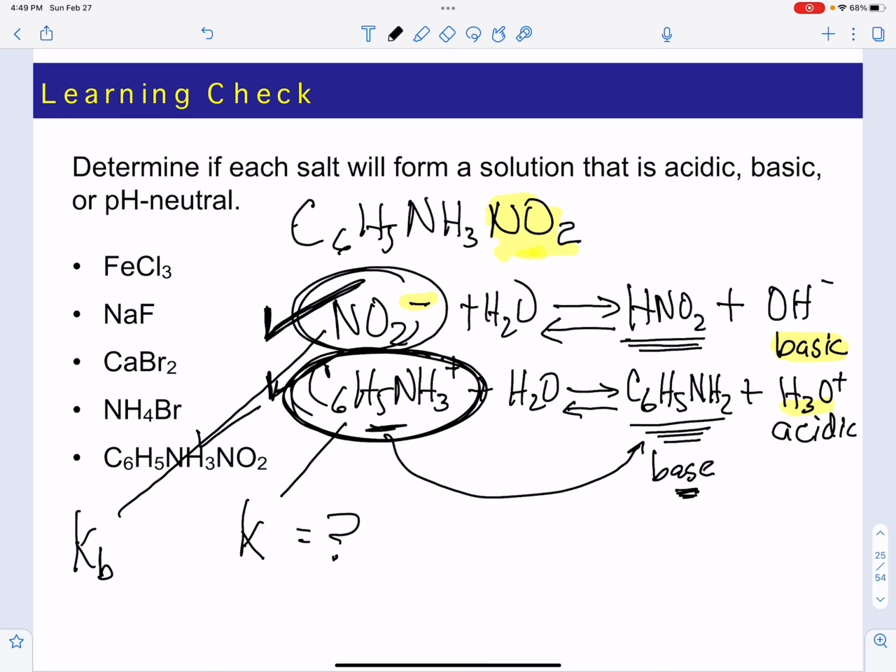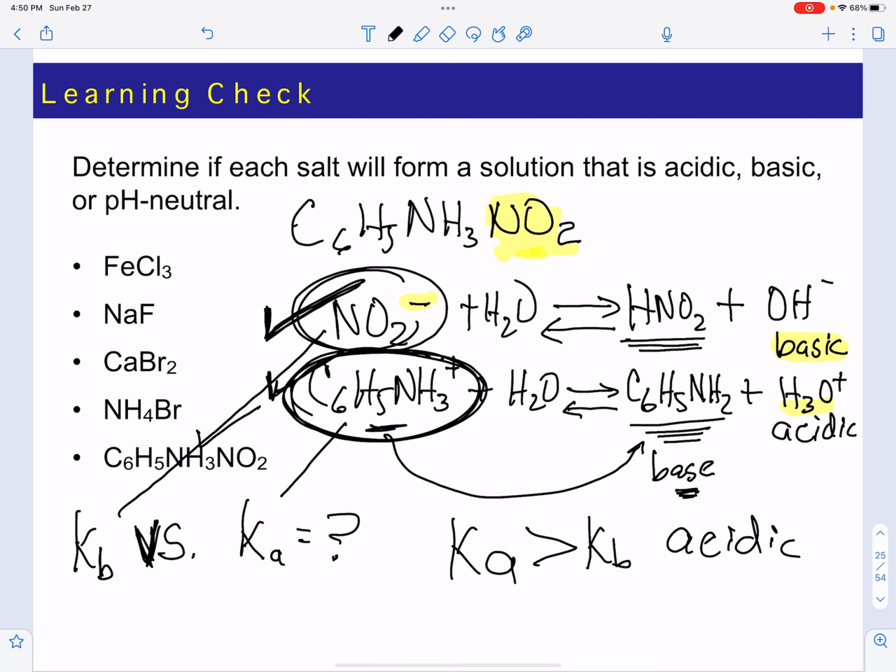Because it's behaving like an acid. Sorry for that. Then you're going to have to compare the Kb of one versus the Ka of the other one. Which one wins? If Ka is bigger than Kb, then it's acidic. If Kb happens to be bigger than Ka, then it would be basic because it predominates. So that's how we do that.